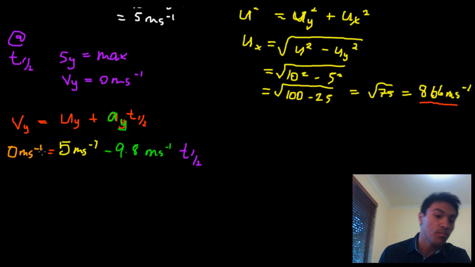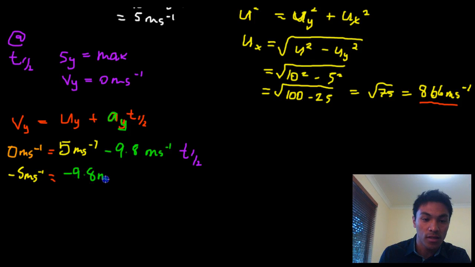If we bring that over, that's going to be -5 meters per second is going to equal -9.8 t half, 9.8 meters per second times t half.